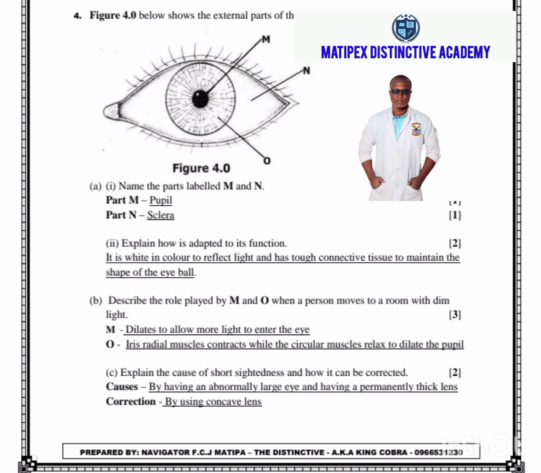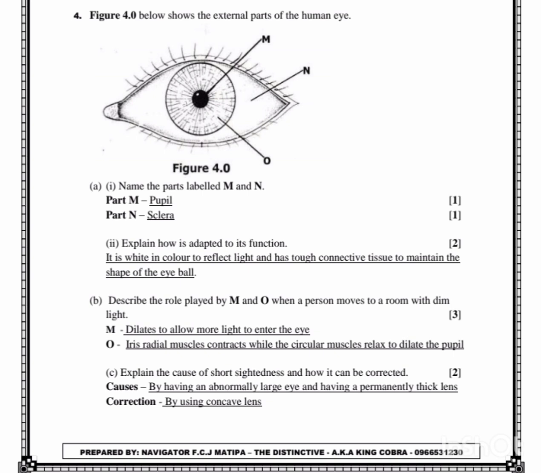Short sight is caused by having an abnormally large eyeball and having a permanent thick lens. Now this is where the image of an object is formed before the retina.